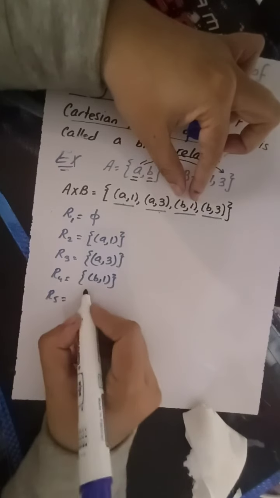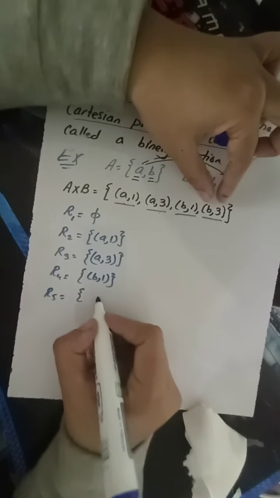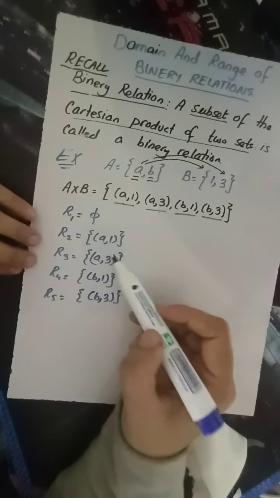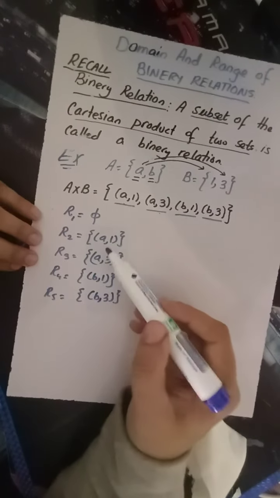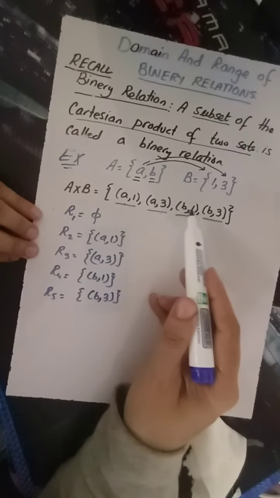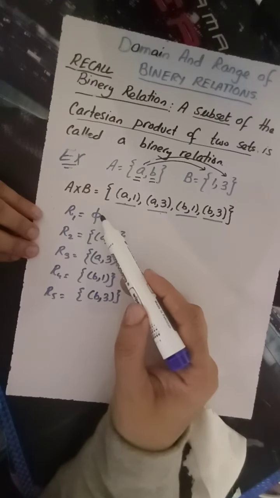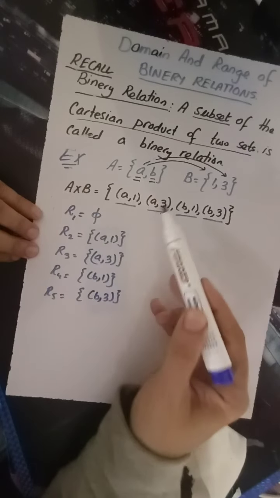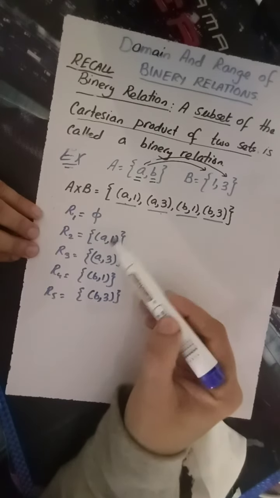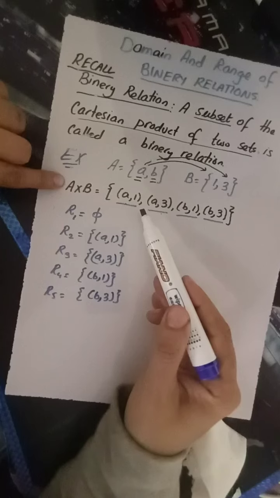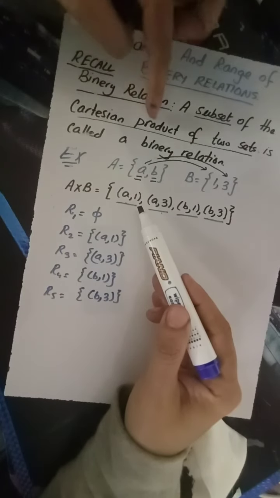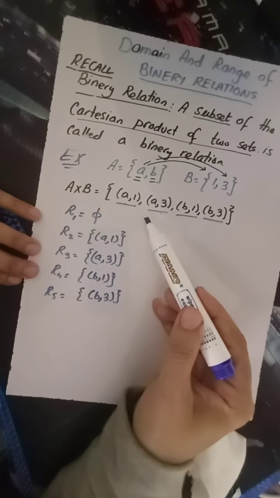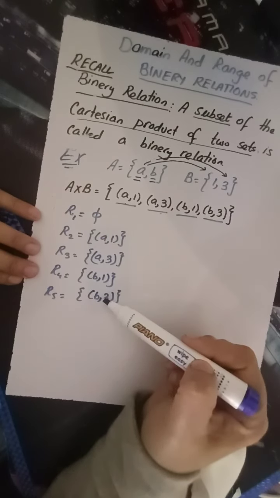The fifth binary relation will be another singleton. These are the singleton subsets which contain a single element of these ordered pairs. This is also a binary relation because it is a subset of A cross B. A subset of the Cartesian product of two sets is called a binary relation. All these are subsets of A cross B, so all these are called binary relations.